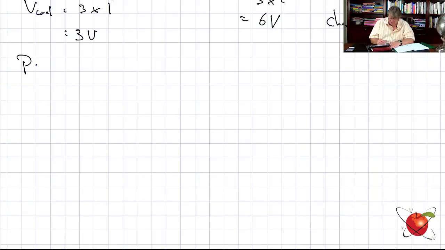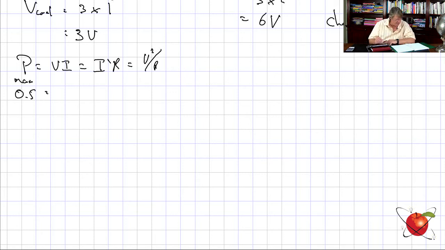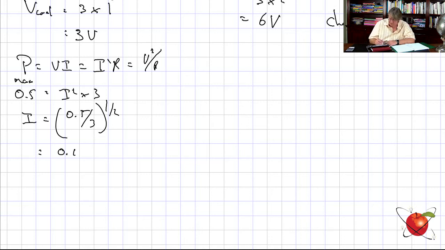So what do we say? That the power is the limiting factor here, isn't it? Makes you think of a chemical reaction, doesn't it? Limiting reagents. So power is equal to VI, I squared R, or V squared over R. And in this case, we have been told that the power maximum is 0.5. That's our max. And that's going to be equal to I squared times R. Okay, therefore I is going to be 0.5 divided by 3, all to the power of a half, or square root it. And my answer is 0.408 amps.